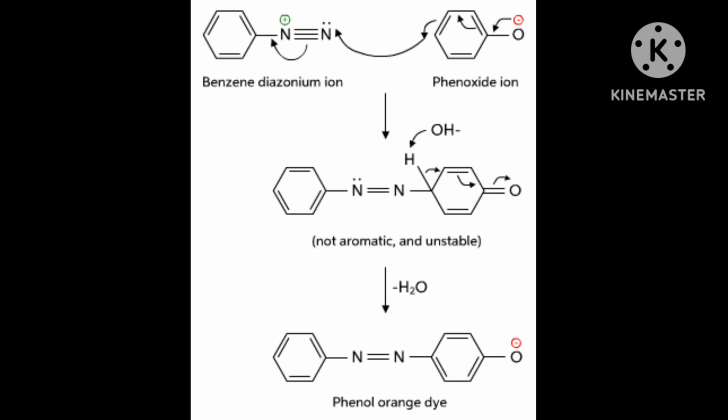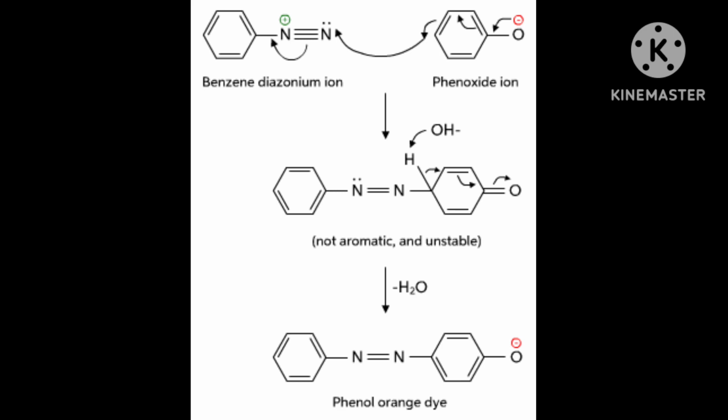Then Br2 will break into Br plus and Br minus. Br minus will go with H plus as HBr. Correct? And Br plus will join with the carbon negative. Carbon negative means bromine is introduced to the ring.